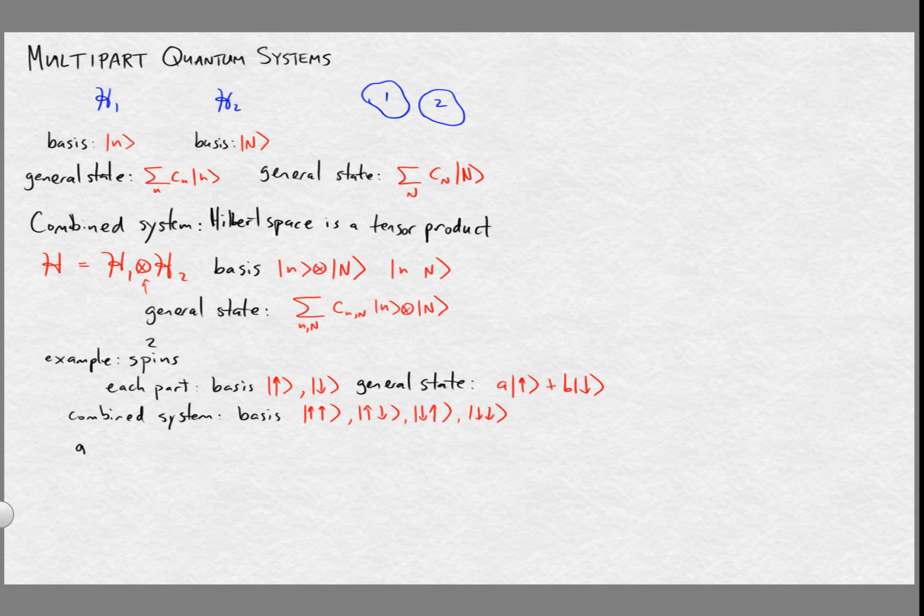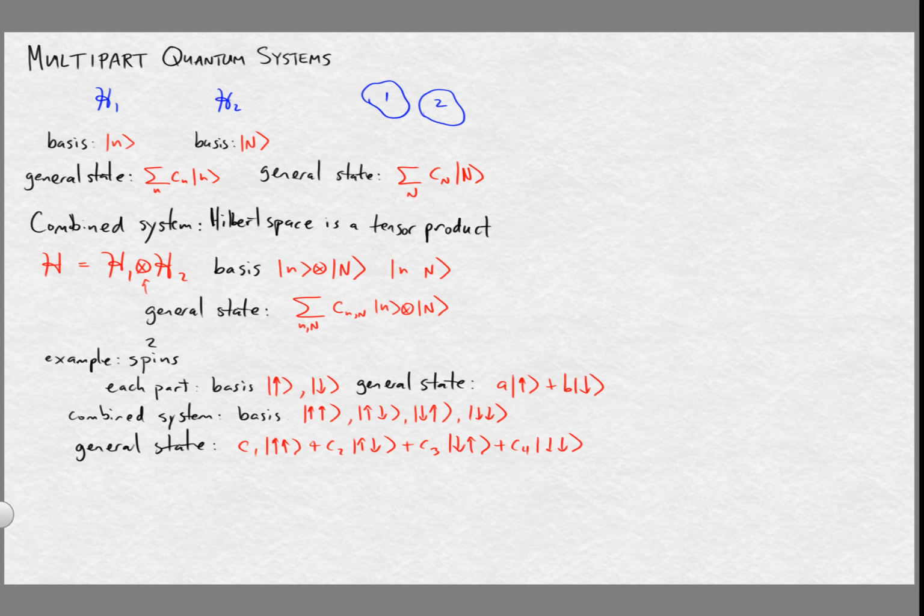And we're going to have a general state for that combined system that is a linear combination of those basis elements. So C1 up up, plus C2 up down, plus C3 down up, plus C4 down down.